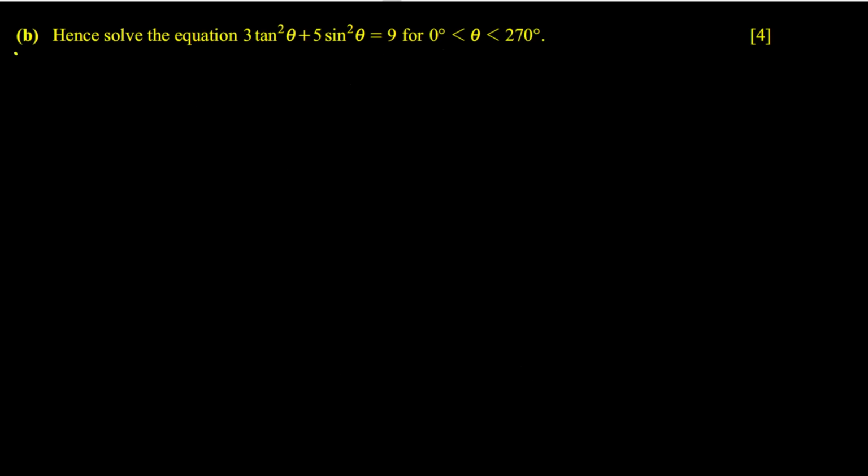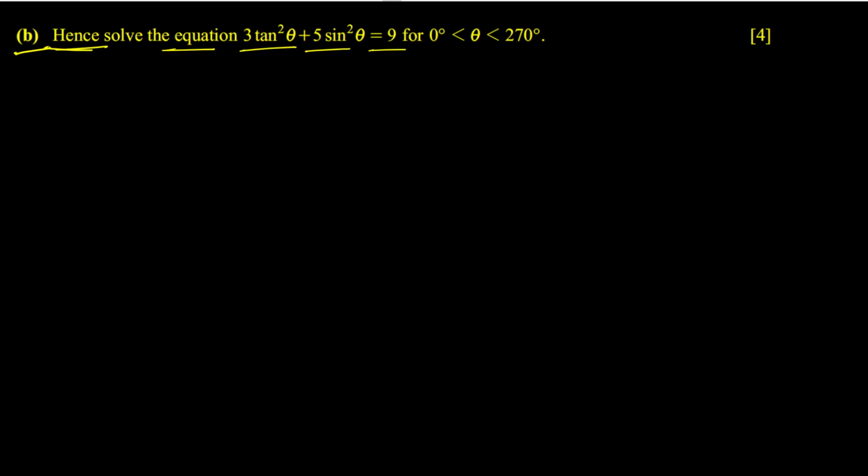And here is the B part. Hence solve the equation 3 tan squared theta plus 5 sine squared theta equals 9. Since the common term is there, we are going to use the result from the previous part. From the previous part, we can see that the left hand side, 3 tan squared theta plus 5 sine squared theta, was 8 sine squared theta minus 5 sine power 4 theta over 1 minus sine squared theta.